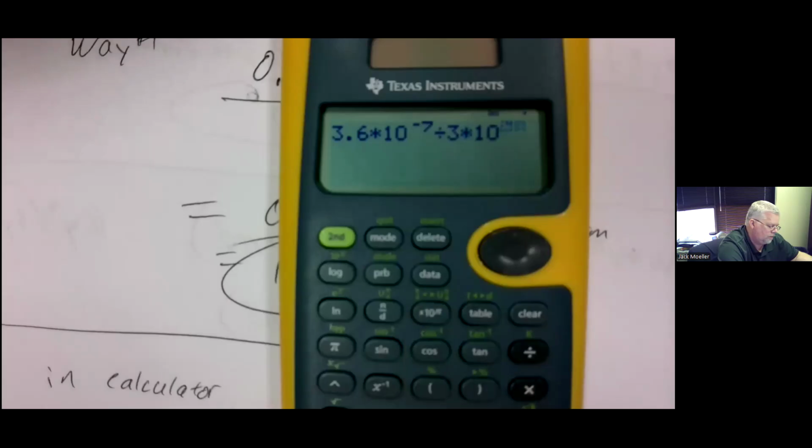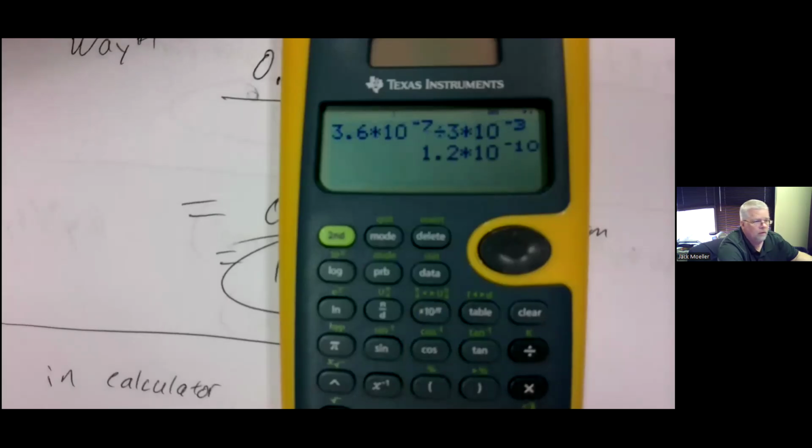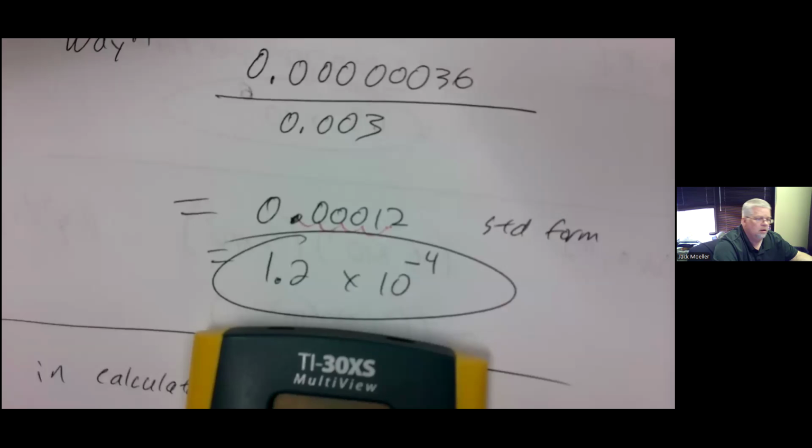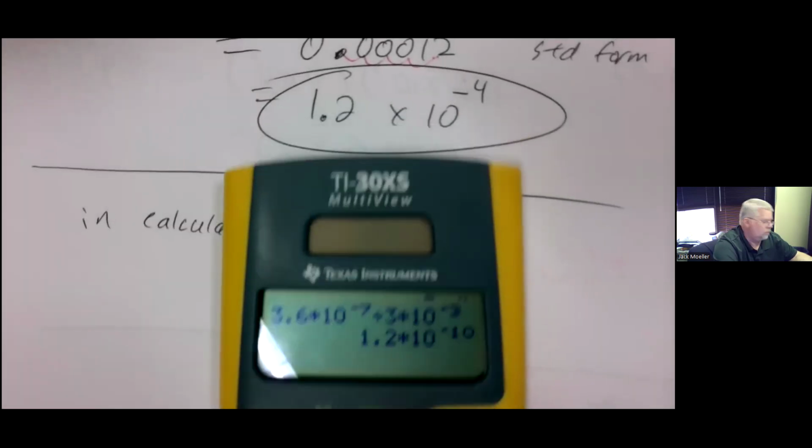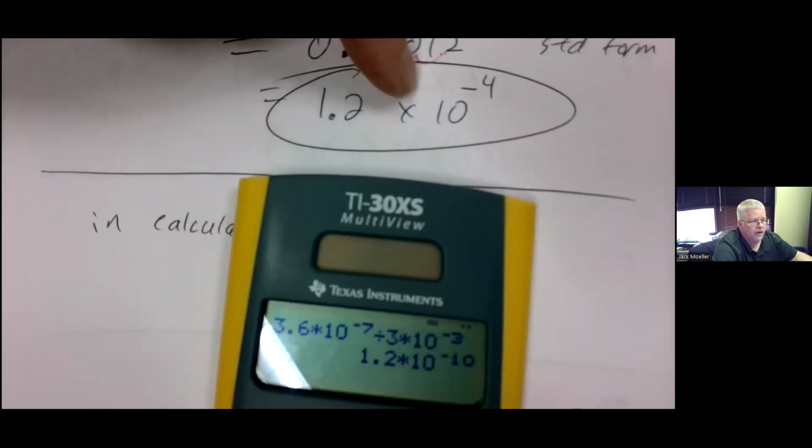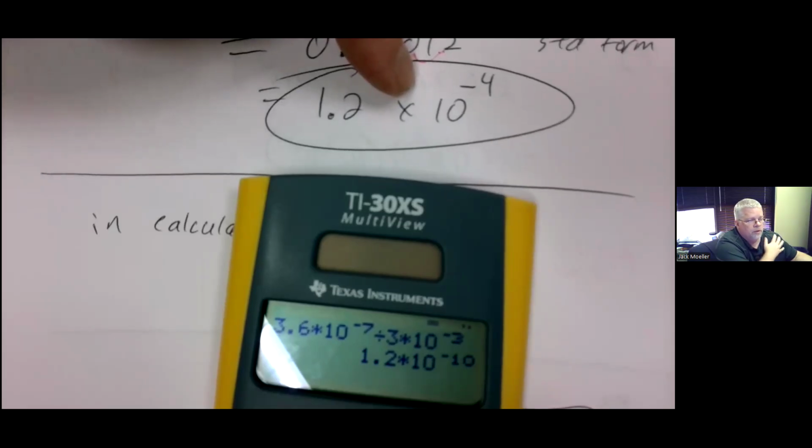We get 1.2 times 10 to the -10. Notice that we got a very different answer, because this is supposed to be 1.2 times 10 to the -4.